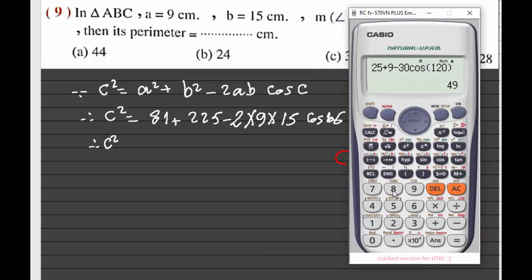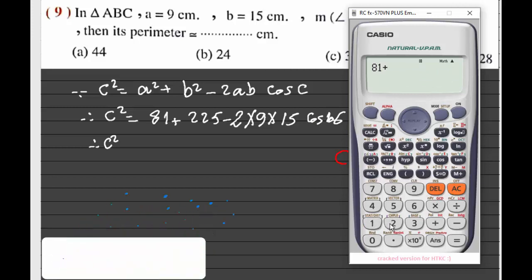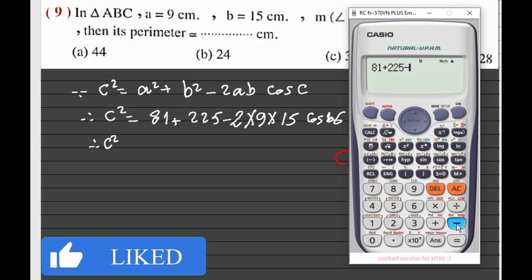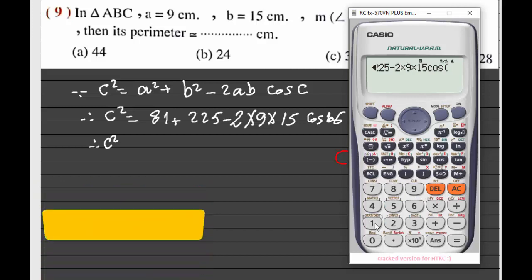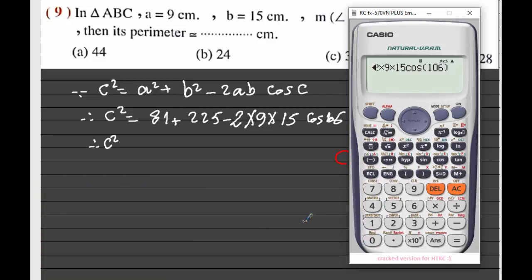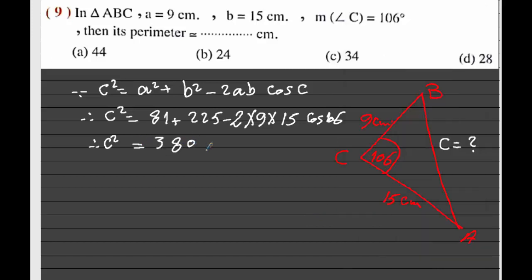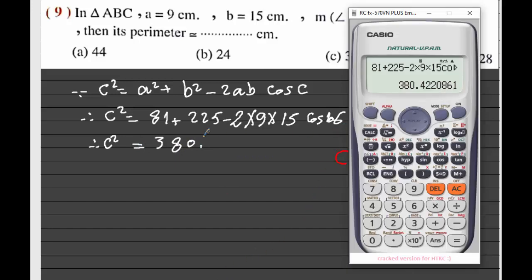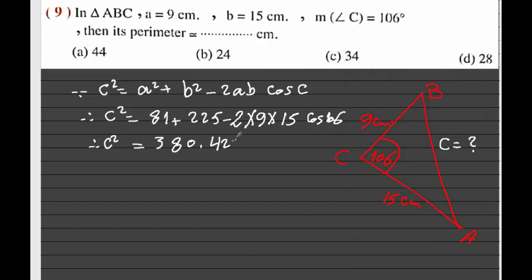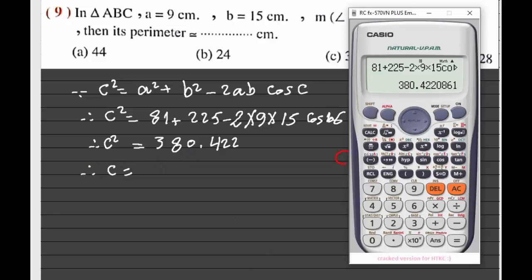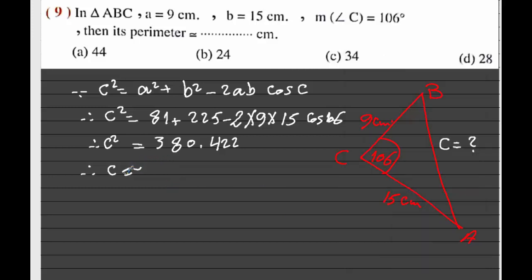We have 81 plus 225 minus 2 multiply 9 multiply 15 cosine 106 degrees. So the result equals 380.422, and C equals square root of the answer. So we write square root of the answer here equals 19.5 approximately.